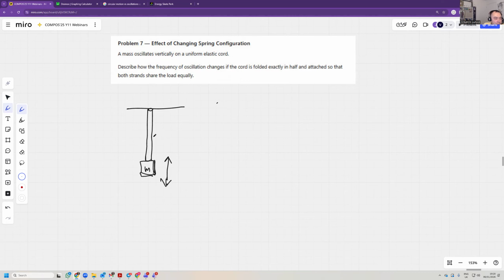We can assume that there's a spring constant k. Describe how the frequency changes if the cord is folded exactly in half and attached so that both strands share the load equally. So effectively, we now have two cords of half the length and a mass attached to them.